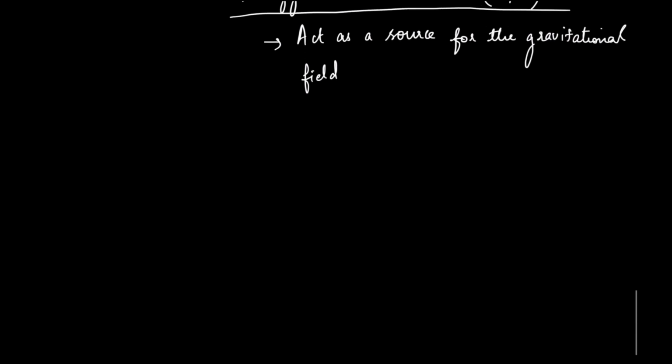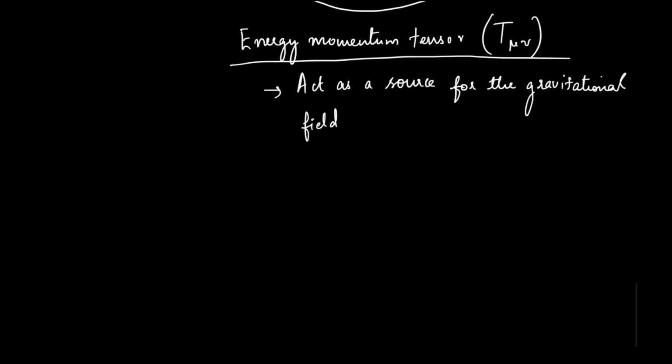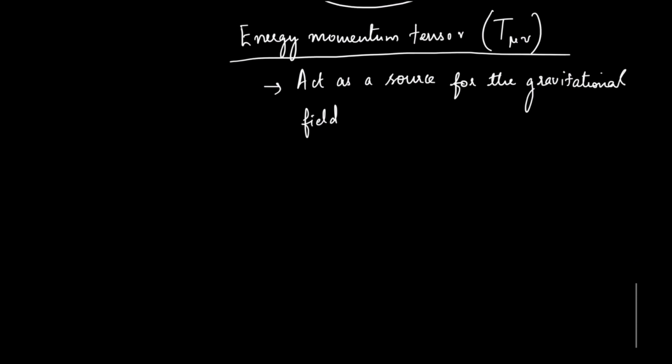Now the energy momentum tensor is denoted by T mu nu, and it should also satisfy the conservation of energy as well as momentum, right? So we know that energy and momentum are conserved. Therefore, T mu nu must also satisfy the conservation of energy as well as momentum.